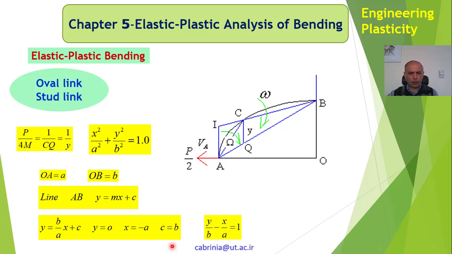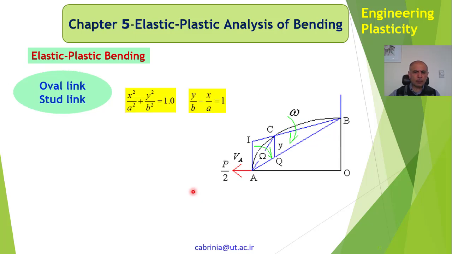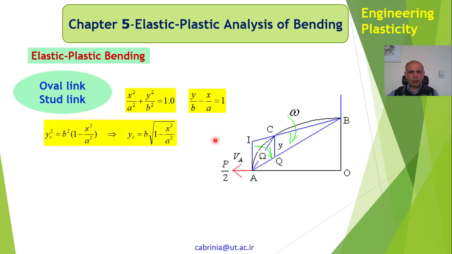Therefore we get from here y over b minus x over A equal to 1. And so we have these two equations: this equation for the elliptical curve, and this equation for the straight line.